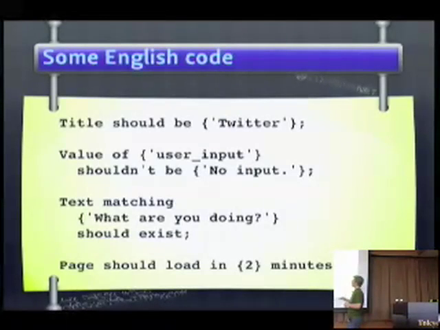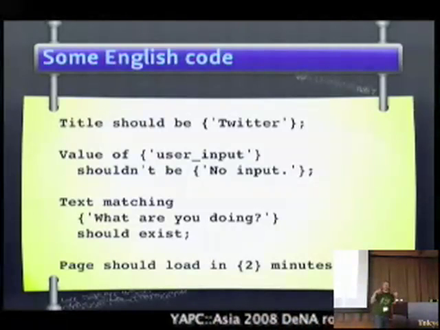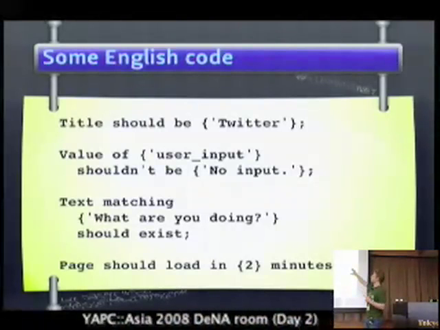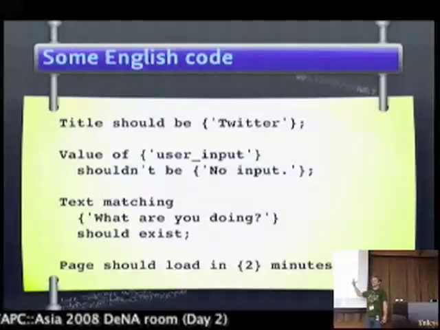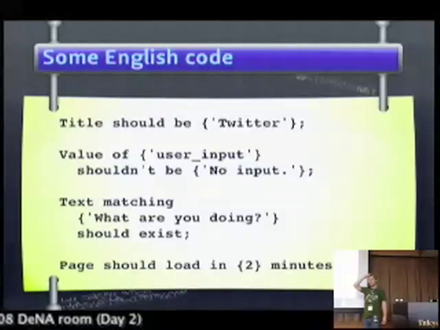But what I found out was that I actually got a lot of consistency out of this that I didn't quite expect. So you see here, page should load in {2} minutes, and 2 is wrapped in curly braces, and I need that to happen. But what I found out was that anything that is sort of variable, that isn't part of the language, that is user input or some kind of a location identifier for a web page or inside of a DOM, I can put that in curly braces, and you know to expect that.